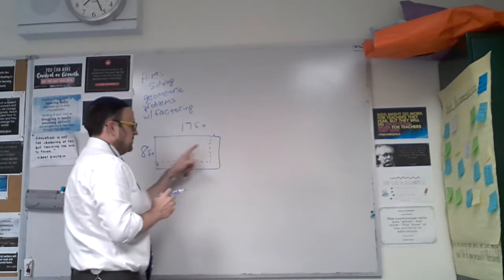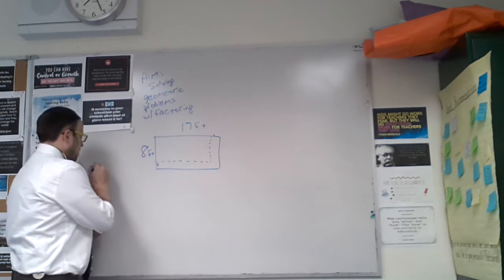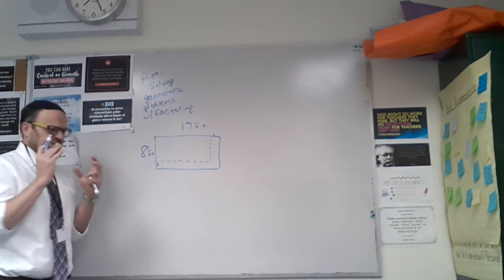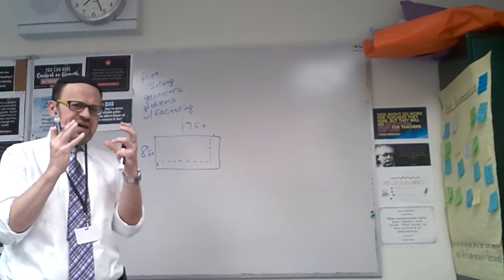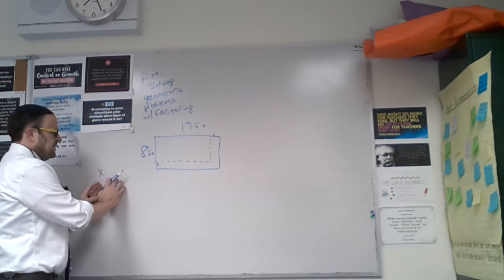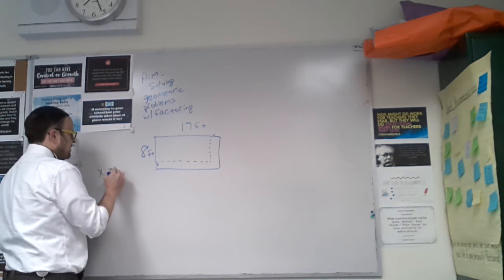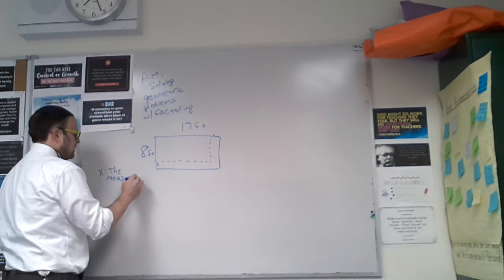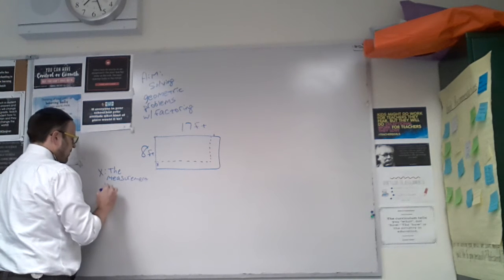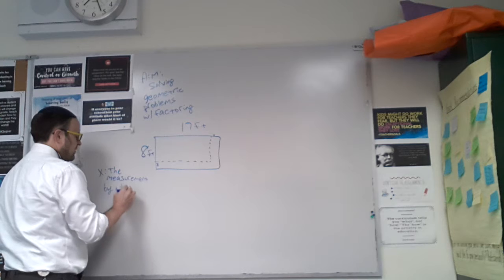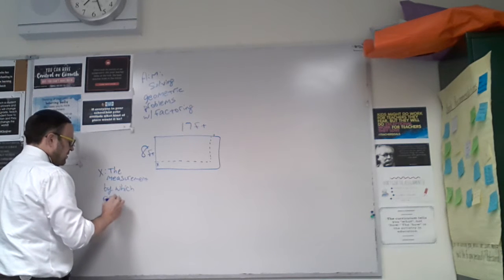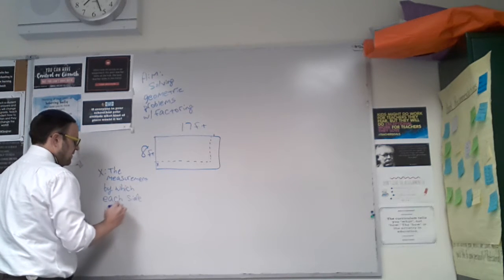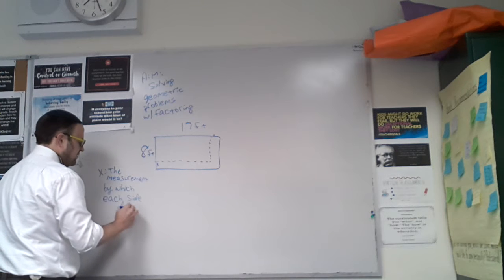What's that amount? X. So when it comes time for us to think, well, what is X? We can say, oh, X is the measurement by which each side decreases.